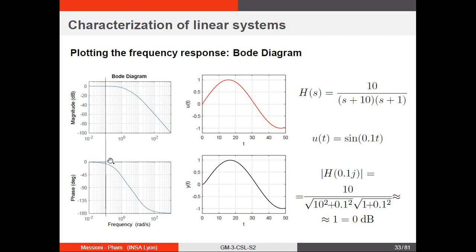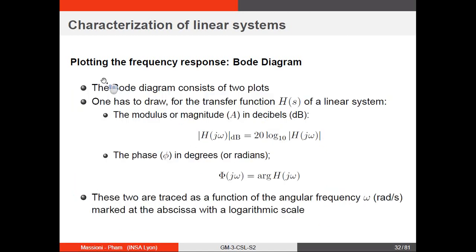So for example, for 10 to the power minus 1 omega, which means the input is sine of 0.1 t, we get 0 dB, which you might remember corresponds to 1. You have to invert this formula.